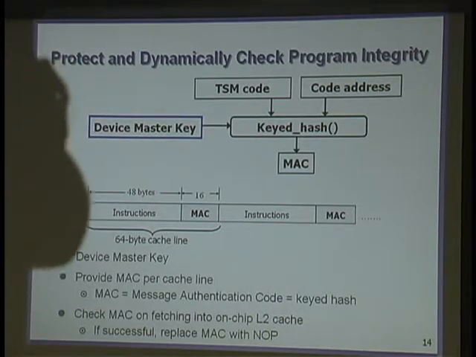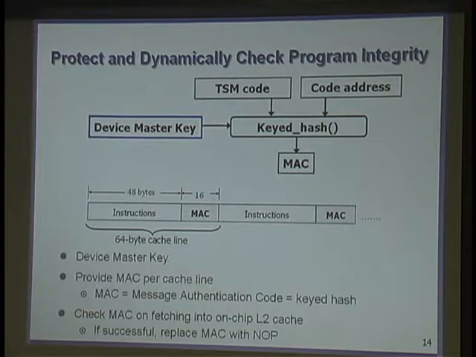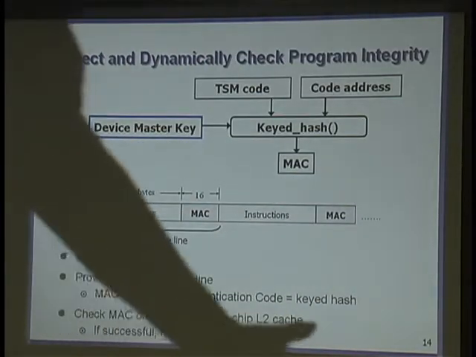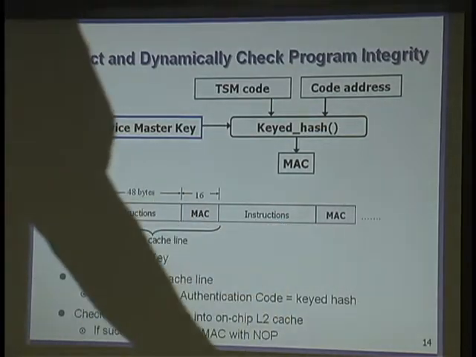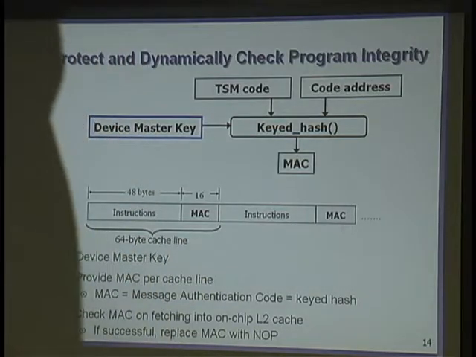Which means to say, whenever TSM code got into the on-chip caches, it is good. Its integrity has been checked. Now notice we didn't encrypt the code as a minimal requirement, but we do hash every code line in the TSM. If you wish to further encrypt it, that's your choice.